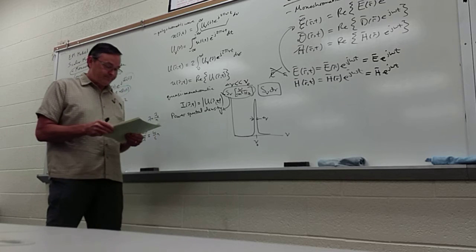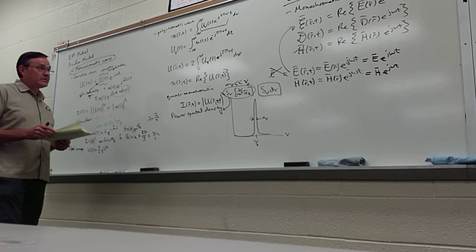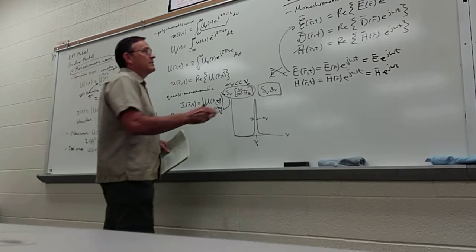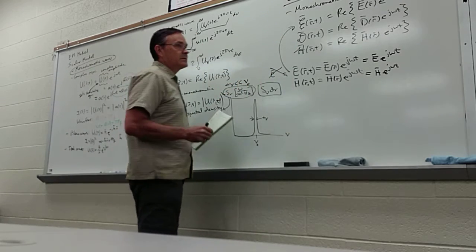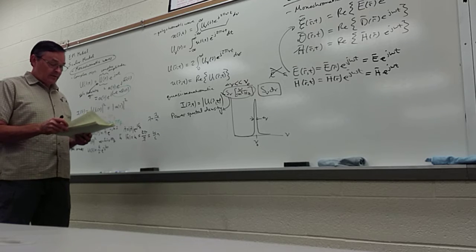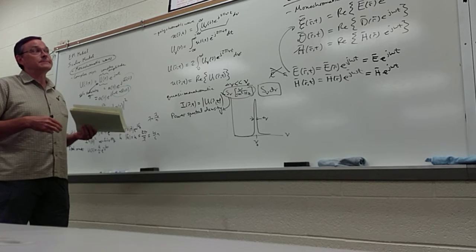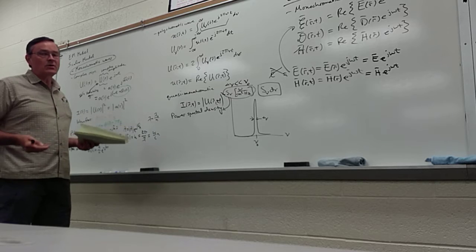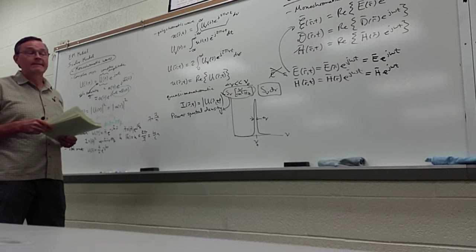Okay, so we could do the same thing for the electric flux density, the magnetic, or the electric displacement, magnetic flux density, etc., the electric polarization, the current density. It's all going to have the same functional form.